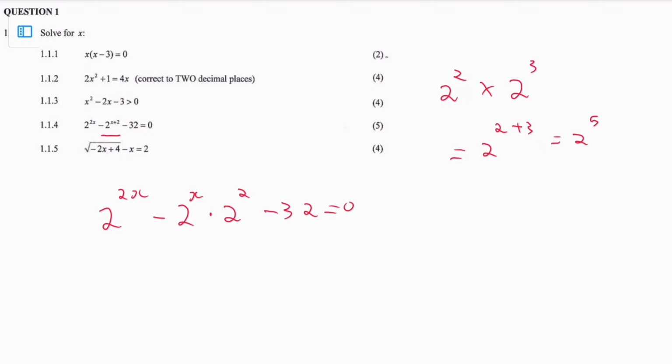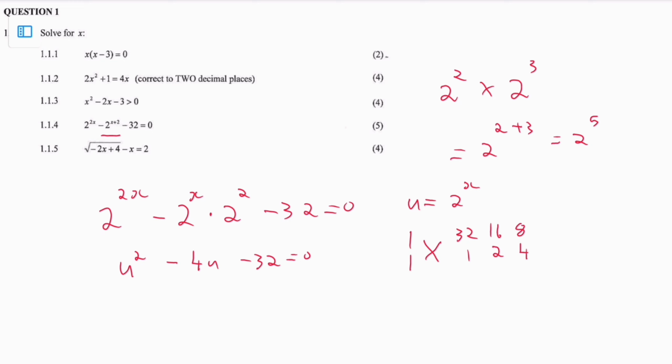So it's 2 to the power 2x minus 2 to the power x times 2 squared minus 32 equals 0. What I like to do with these questions is say u equals 2 to the power x, and so you'll see this gives you u squared minus 4u, since 2 squared is 4, minus 32 equals 0. And then we'll sub 2 to the power x back in when we have our answers. So let's do this: 1 times 32, 16 times 2, 8 times 4.